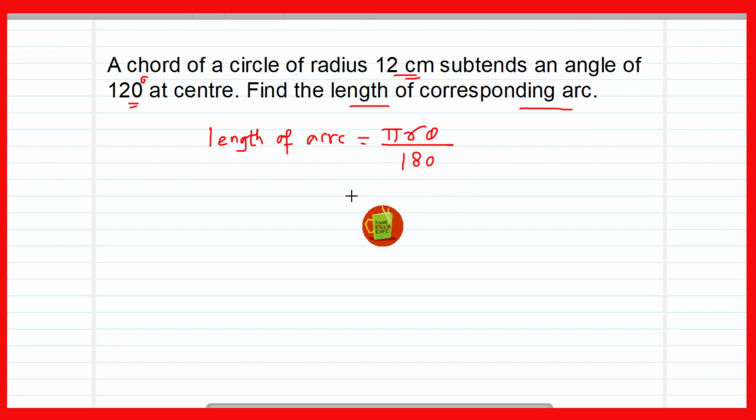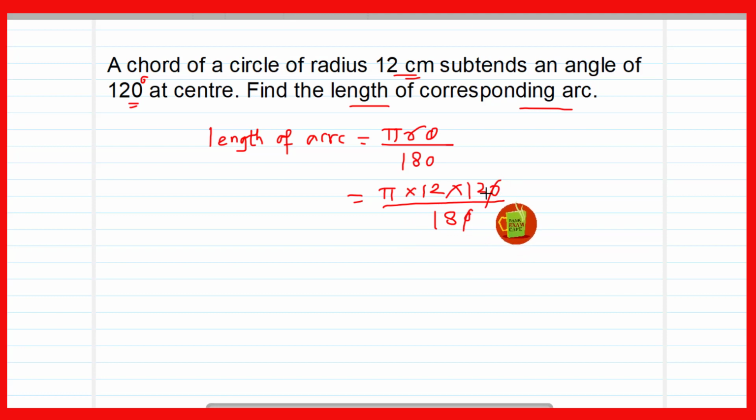So put the values of pi, r and theta. Let it be pi as it is, into r. Radius is 12 centimeter, into theta, that is angle subtended is 120 degrees, and upon 180 degrees.